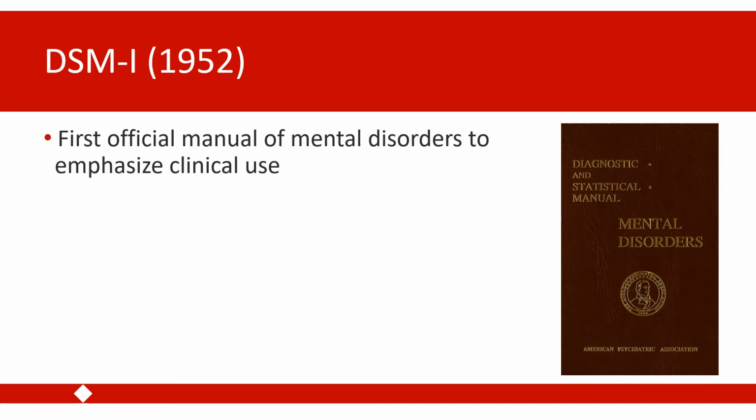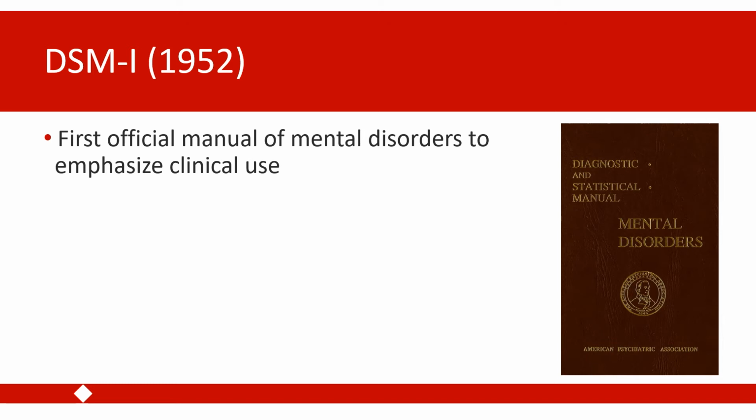This is the DSM-I, and it's published by the organization that is now known as the American Psychiatric Association. In America, we are not going to use this World Health Organization classification system. We are Americans. We write our own books. So American psychiatrists publish their own diagnostic and statistical manual. The DSM-I was the first official manual of mental disorders that emphasized clinical use.